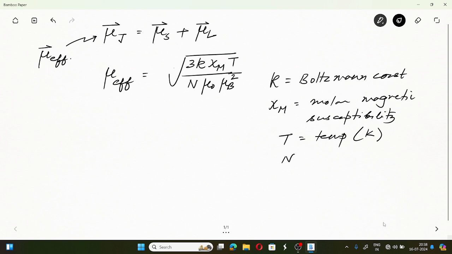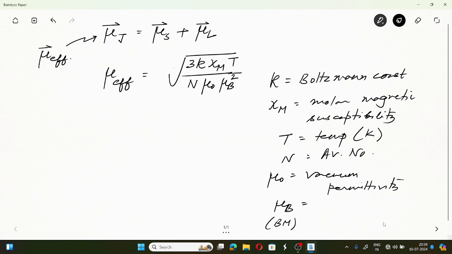and N is the Avogadro's number, you know this. Mu 0 is the permittivity in vacuum, the vacuum permittivity. And this mu B is the Bohr magneton.